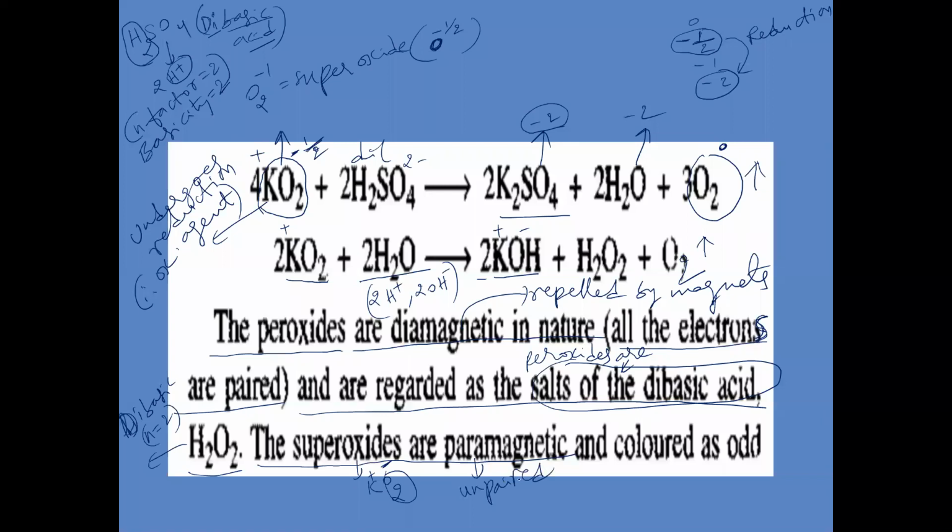Due to unpaired electrons, they will act as paramagnetic substances. Paramagnetic meaning what? Attracted by magnets. And they are colored. Colored means what now? Again, due to unpaired electron, they will be colored.